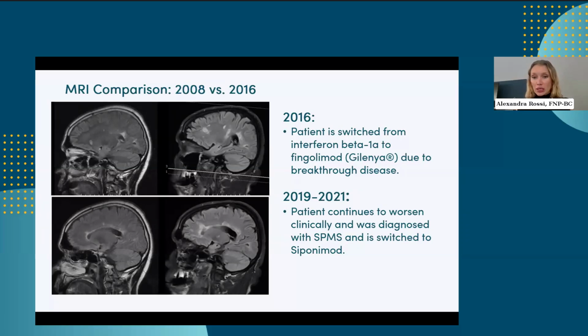Fast forward to 2019, a couple years later, he continues to progress. So patient continues to worsen. At this time, he's diagnosed with secondary progressive MS, so more of a progressive phenomenon rather than seeing new disease activity bubble up in these relapsing remitting forms. And he switched over to siponimod or Mayzent that does have an indication over fingolimod for secondary progression.